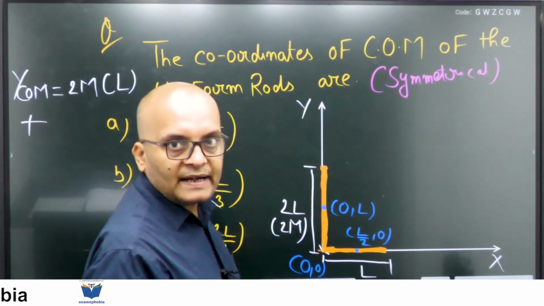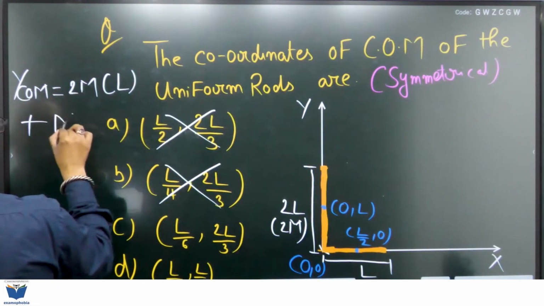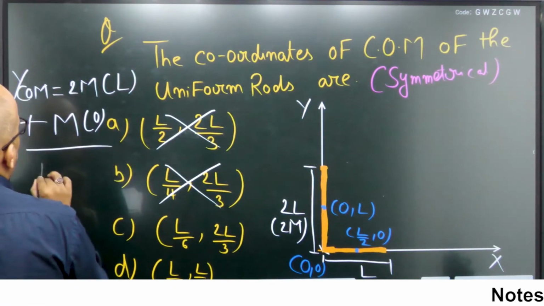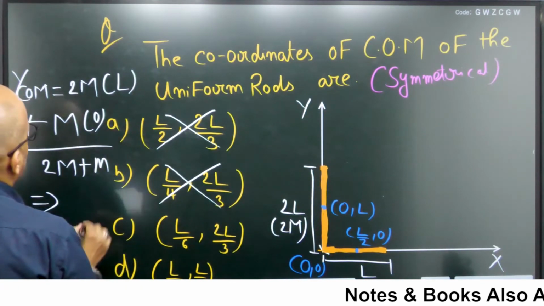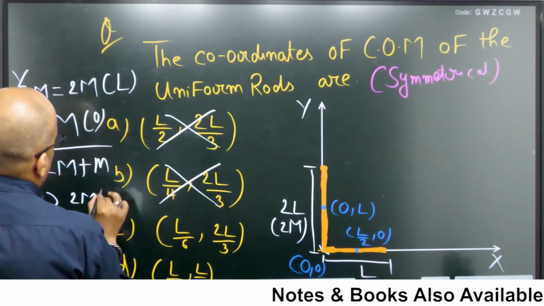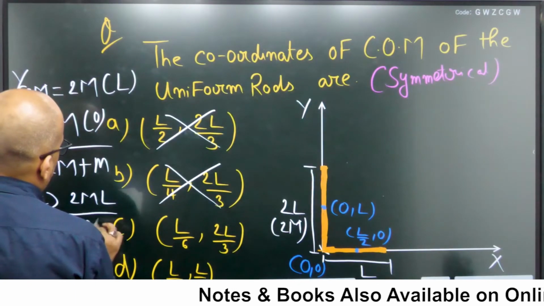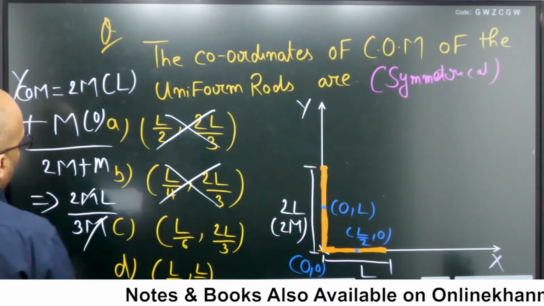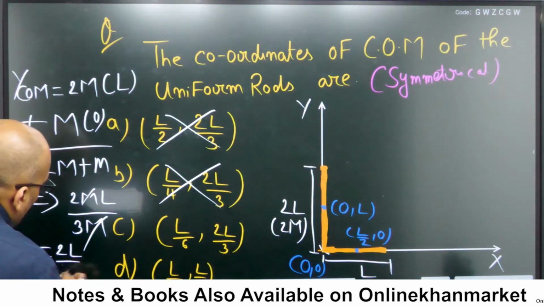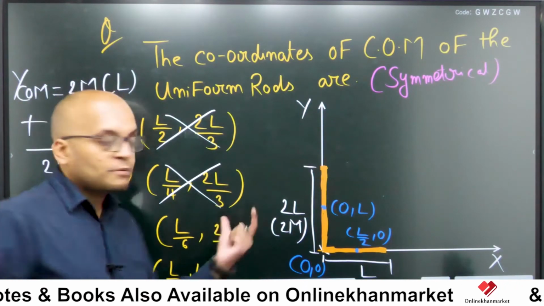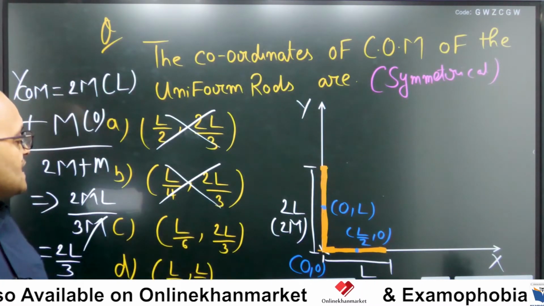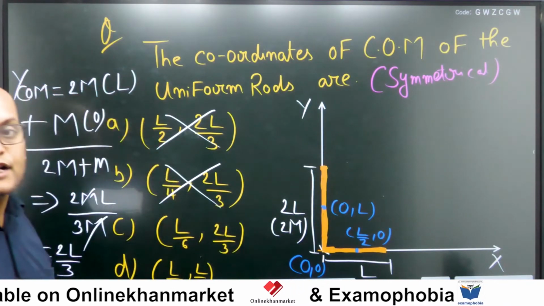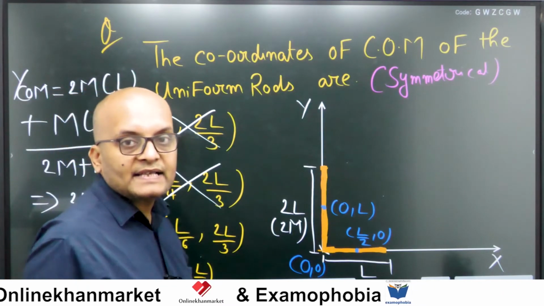M2 is m and it is along x-axis, so m into 0, divided by 2m plus m. What will you get? You will get 2mL upon 3m. m cancels out. Our answer is 2L upon 3, y coordinate. So which option contains y coordinate as 2L upon 3? Please look. So option C contains y coordinate as 2L upon 3 and x coordinate as L upon 6.